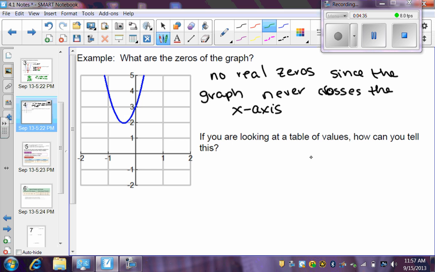And if you're looking at the table of values, how can you tell this? Well, the y value will never be 0.